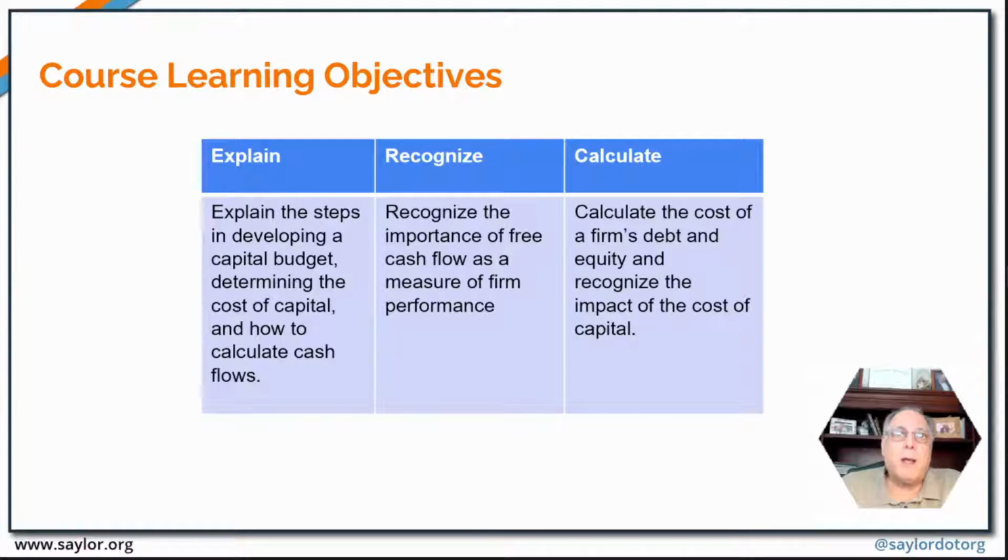We want to recognize the importance of free cash flow as a measure of performance. Now, this is a new topic, and we're going to touch base on this today, but especially as a former CEO of a company, I'll tell you, it's a very critical measure of the decisions that are being made. And we'll talk a little bit about exactly what free cash flow is, not to be confused with cash flow.